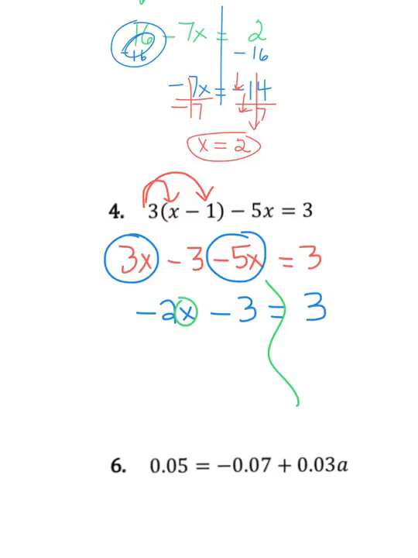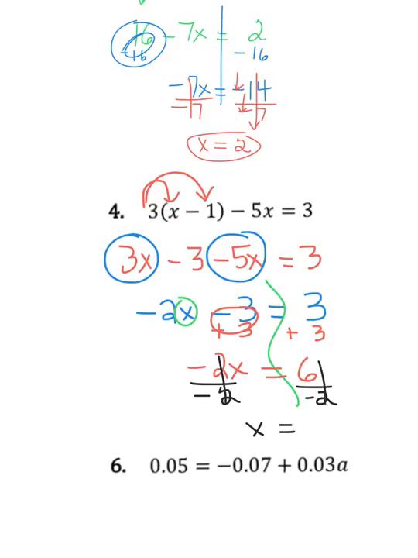Here's my equal sign, here's my x, so I'm going to start on this side by doing plus 3, 0, negative 2x equals 6. Now this is multiplication, so I'm going to divide by negative 2, the opposite operation on both sides of the equation. That's going to be 1x equals, and 6 divided by negative 2 is negative 3.